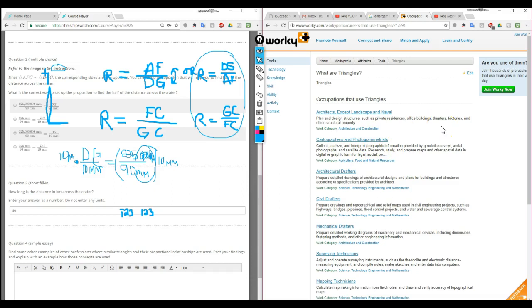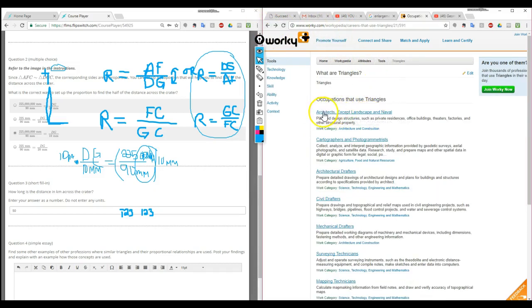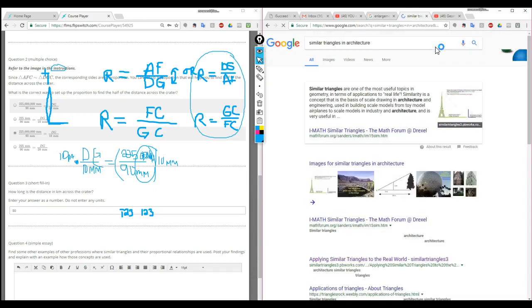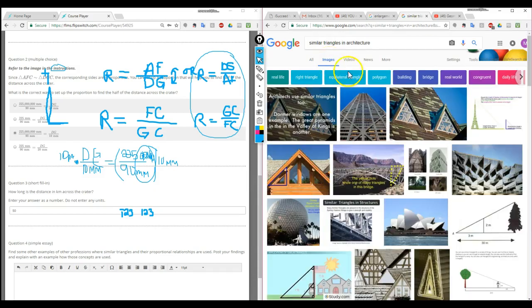So, for example, if we click on architects except landscape and naval, I would Google similar triangles in architecture. And I want real life ones. So here's an example.